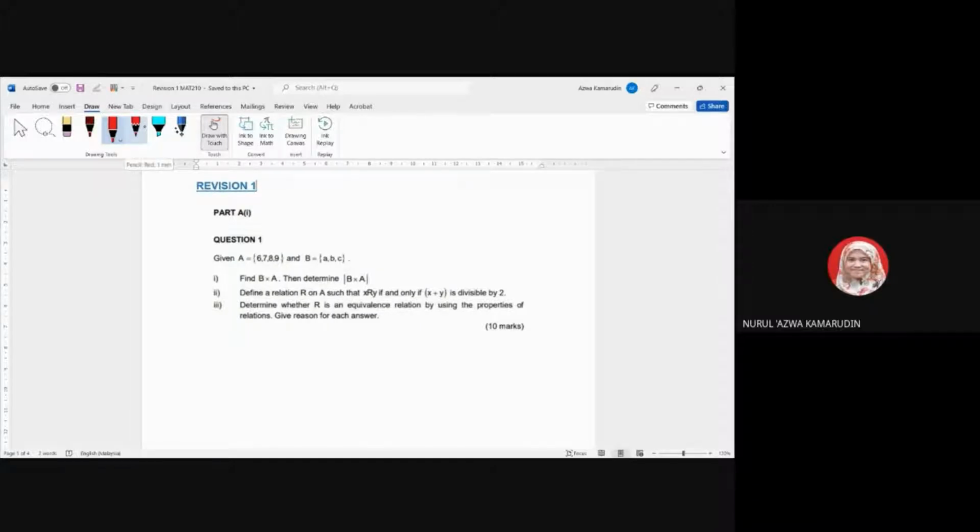Jadi untuk B dan A, okay, kita kena listkan B Cartesian product A. So this is ordered pair.